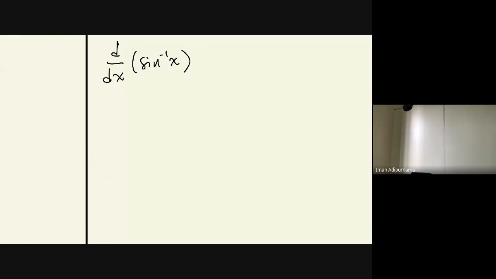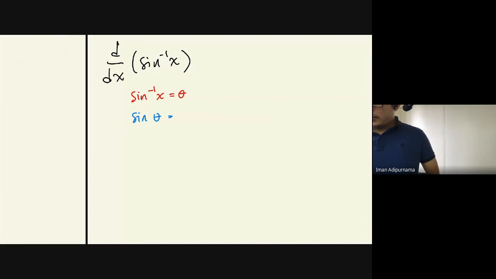Yeah, you need to maybe draw the triangle. Okay, so firstly, you can define the sine inverse. If your sine inverse is some angle theta, then sine theta is just x.